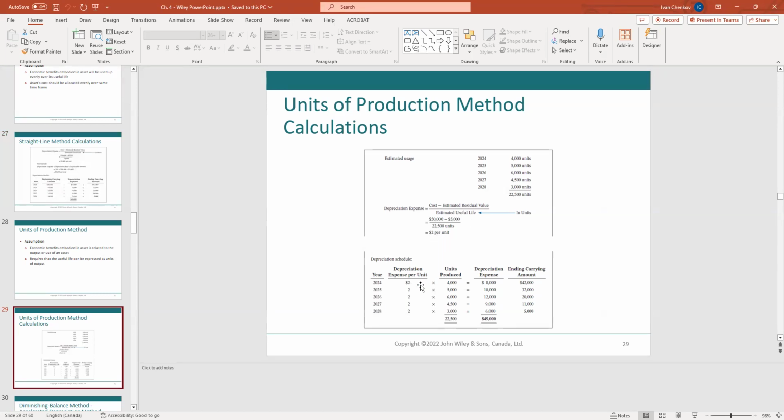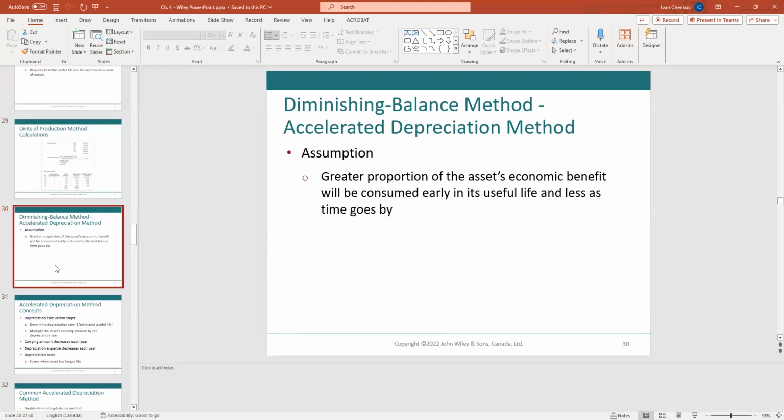So every time we produce 1 unit, we transfer $2 to depreciation expense. If we produce the units that we have scheduled, at the end of the fifth year we will have transferred $45,000 to depreciation expense, and the ending balance of the equipment is going to be $5,000, which is the residual value.